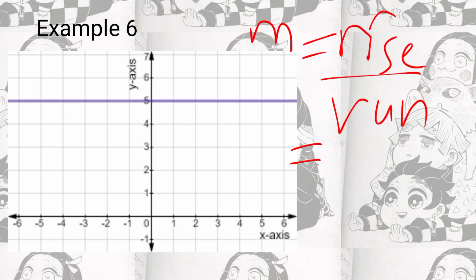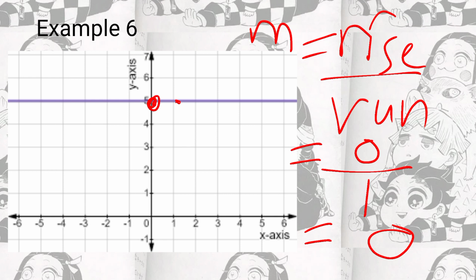So, simulan natin sa y-intercept na 5. So, meron bang bilang ng rise? Wala. So, that is 0. Bilang ng run, sabihin natin itong point na to. So, ibig sabihin 1. So, 0 divided by 1 ay 0. Ang slope ng horizontal line ay 0.